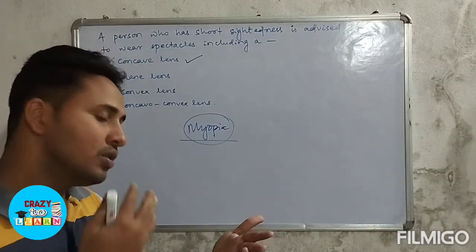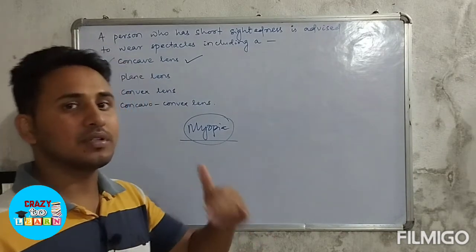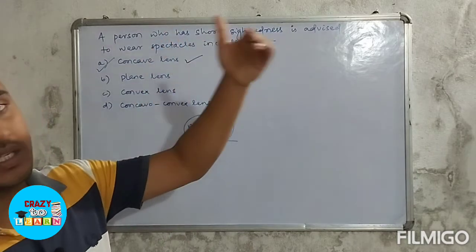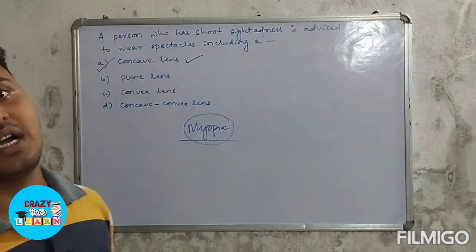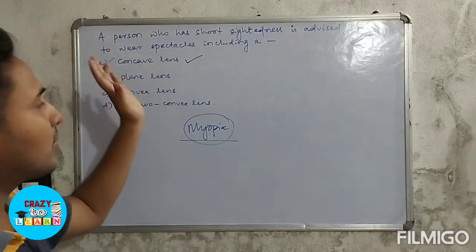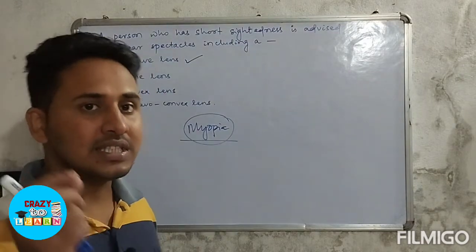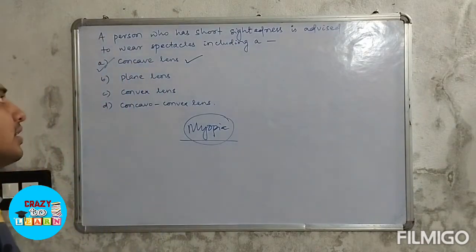They are able to see near objects, but they are not able to see what is written on the blackboard, that means objects at a far distance. The power of a concave lens is negative, and the power of a convex lens is positive. All clear? The answer is concave lens.